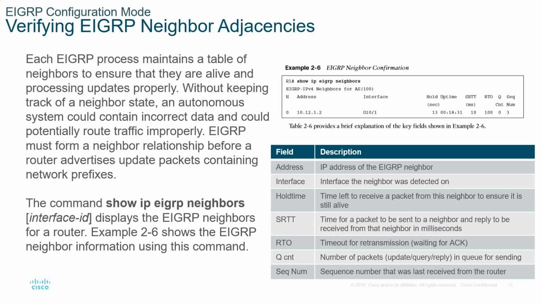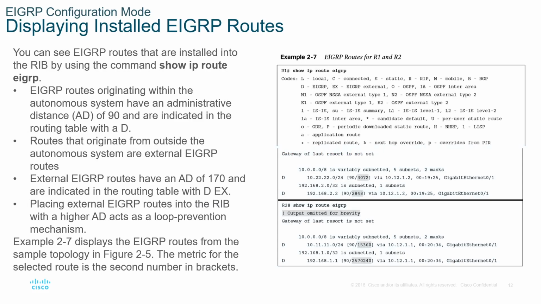And then the sequence number is the last received sequence number on that neighbour. Now remember, when messages are sent, they are tagged with a sequence number so that we can keep track of the messages.